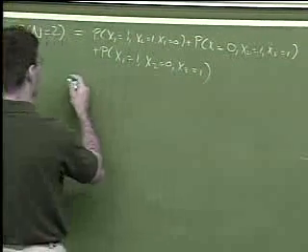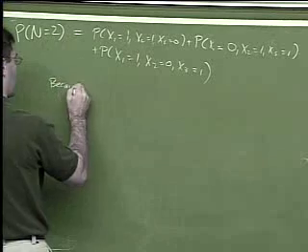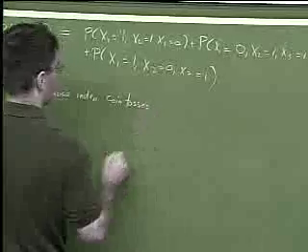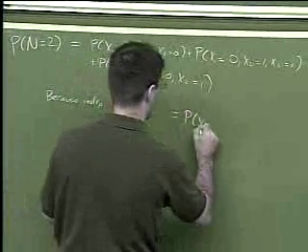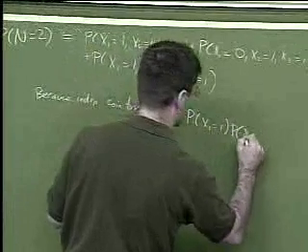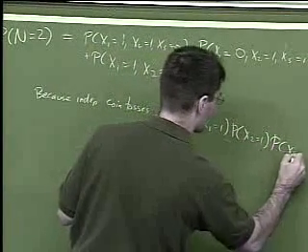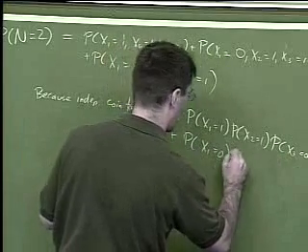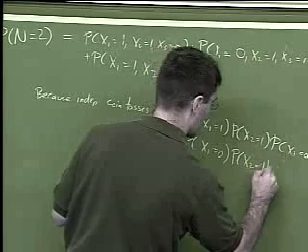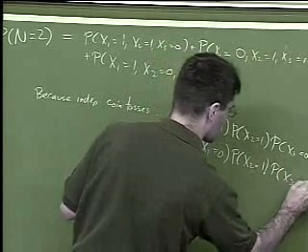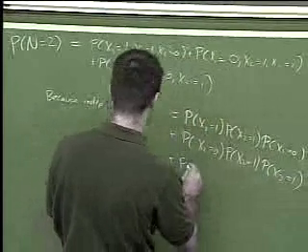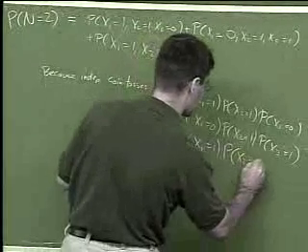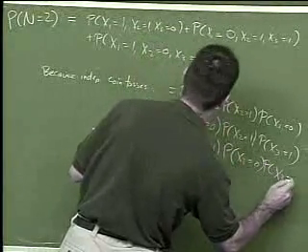And again, because these are independent coin tosses, this becomes the probability x1 equals 1 times the probability x2 equals 1 times the probability x3 equals 0, plus the probability x1 equals 0, probability x2 equals 1, probability x3 equals 1, plus the probability x1 equals 1, probability x2 equals 0, probability x3 equals 1.